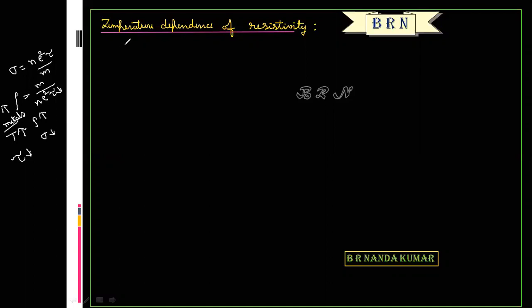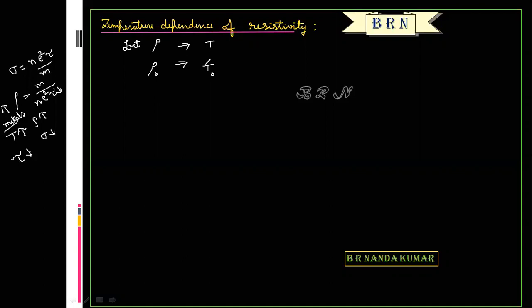Okay, so here let us consider rho is the resistivity of metal at temperature T. Rho naught is the resistivity of metal at temperature T naught.